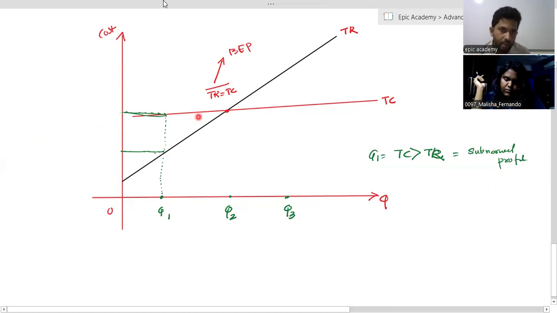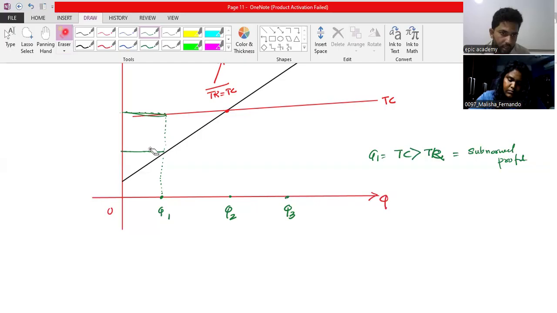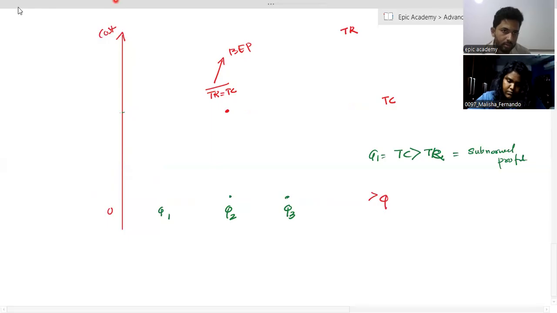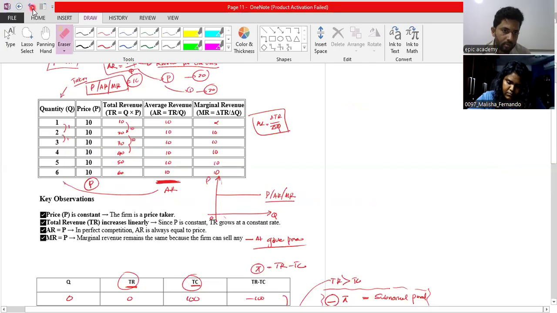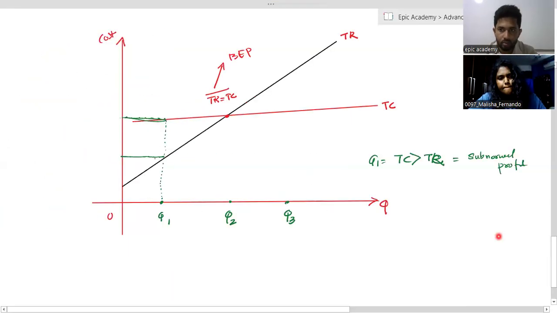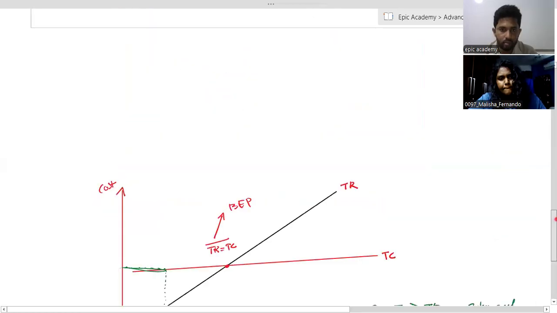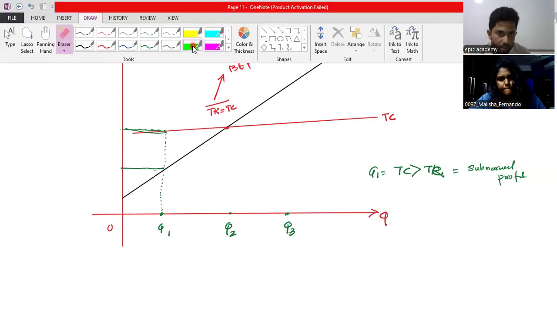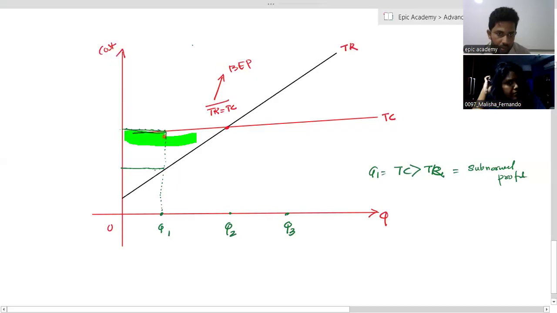So this entire area represents the subnormal profit, isn't it?